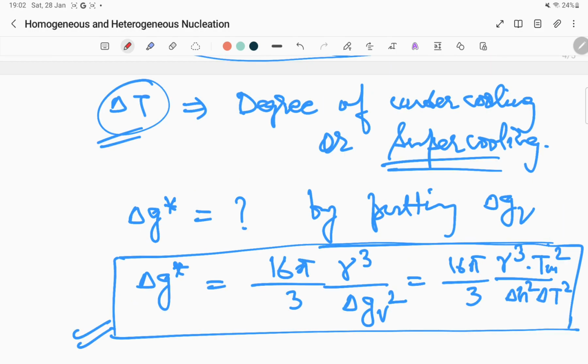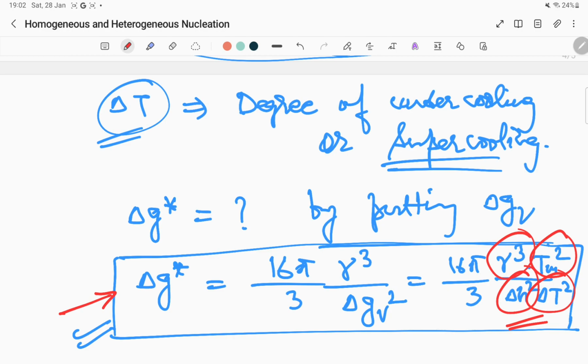So we can conclude this is the important formula for calculations in homogeneous nucleation: delta G star is equal to 16 pi by 3 sigma SL cube, that is interface energy, and this is the melting point, this is the enthalpy, and this is the supercooling part.